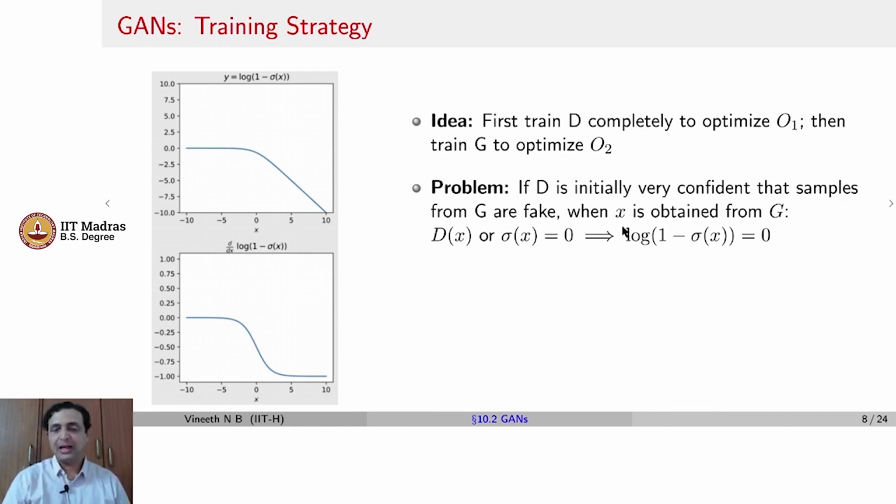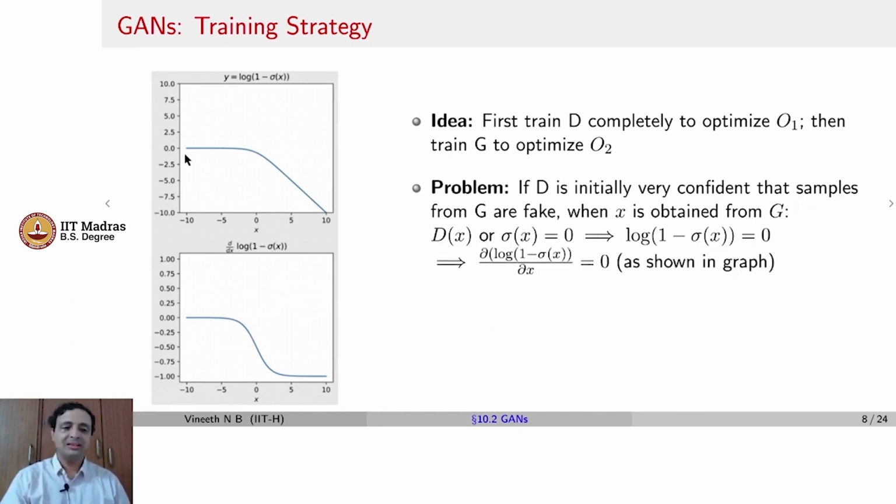So if you get an X that's obtained from G, or corresponding to the distribution PG, which is what these samples would correspond to, then D of X, or sigma of X, which is the sigmoid activation function in D, would be equal to 0, which means log of 1 minus D of G of X, in this case log of 1 minus sigmoid of X, would be equal to 0.